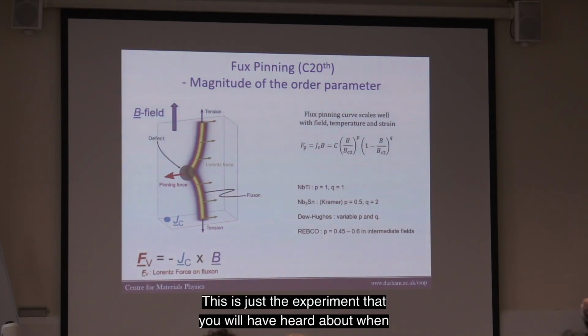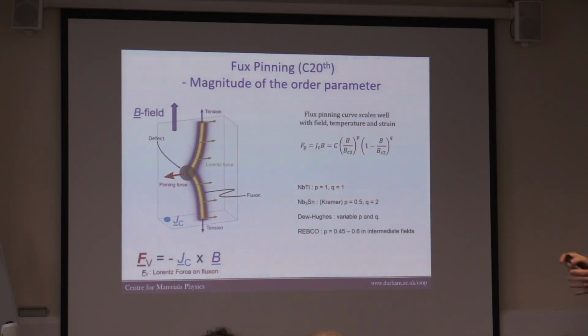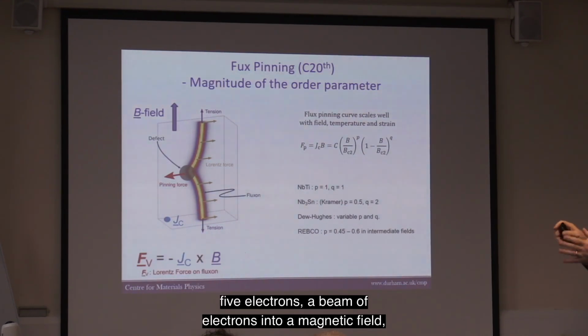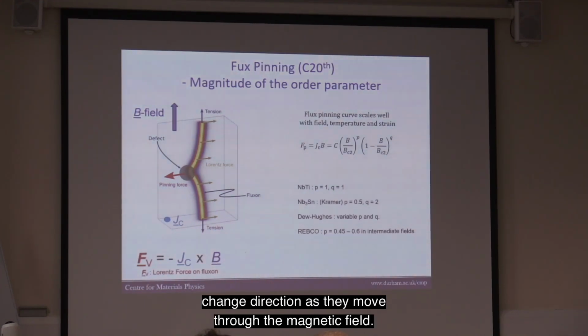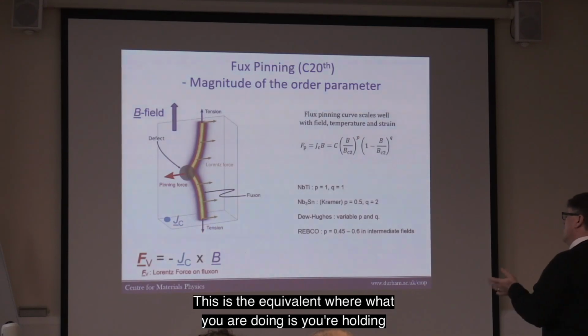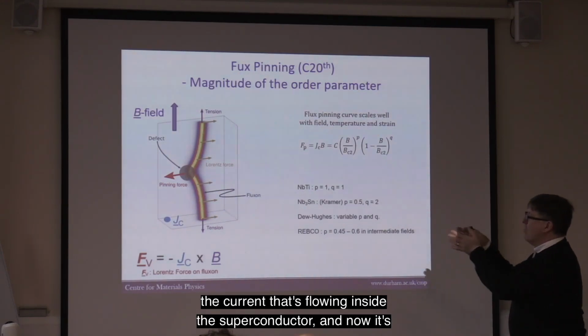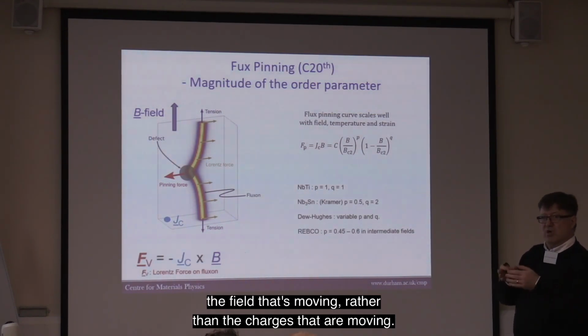This is just the experiment that you will have heard about when you were an undergraduate, where if you fire a beam of electrons into a magnetic field, you know there's a Lorentz force on them, and the electrons will change direction as they move through the magnetic field. This is the equivalent, where what you're doing is you're holding the current that's flowing inside the superconductor, and now it's the field that's moving rather than the charges that are moving.